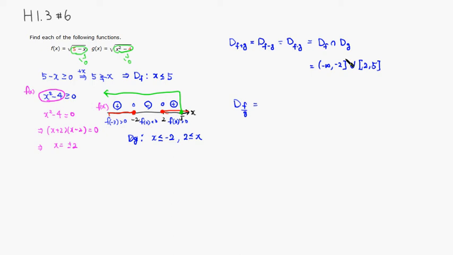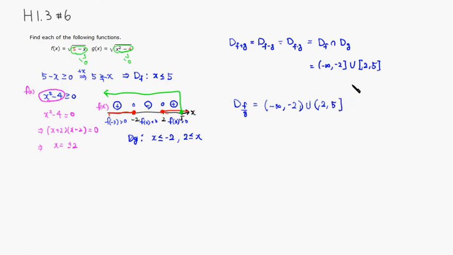So we just turn these into parentheses: negative infinity to negative 2, not including negative 2, not including positive 2, then you go to 5, but the 5 is okay.